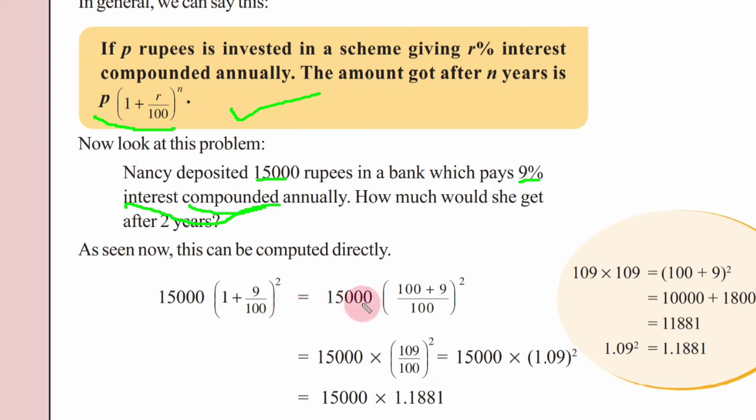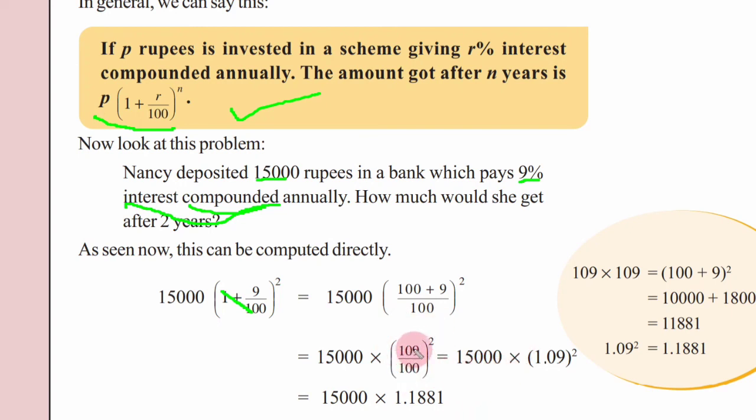Okay. So that is equal to 15,000 into, then how do we add a fraction and a number? Yes, just cross multiply this. Okay, that is 1 into 100, 100 plus 9 divided by 100, the whole square. Okay, so that is equal to 15,000 into, and see here we have 100 and here we have 9. 100 plus 9 is equal to 109. 109 by 100 the whole square, which is equal to 15,000.